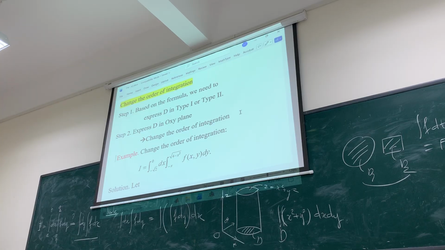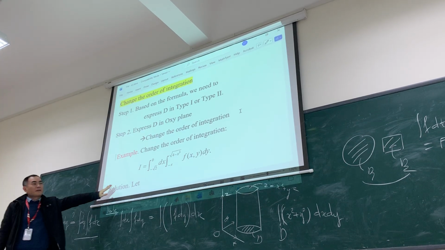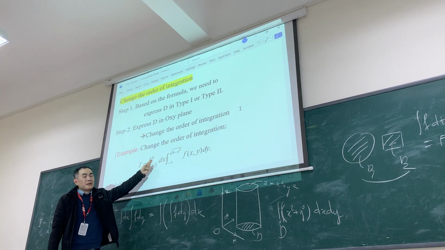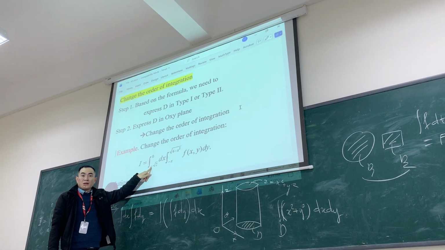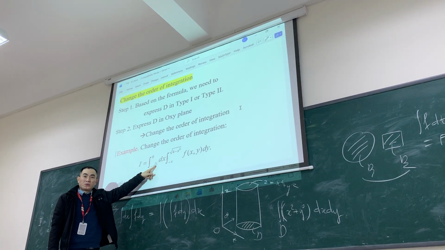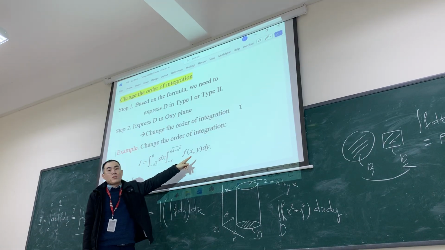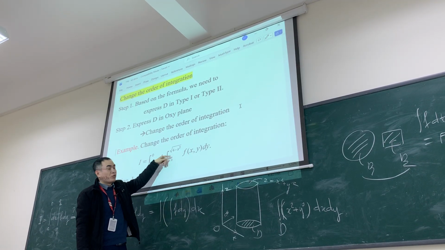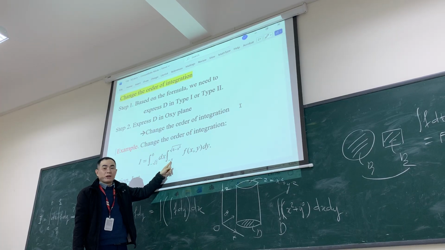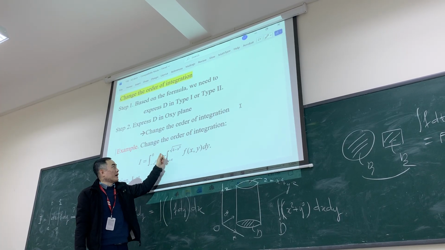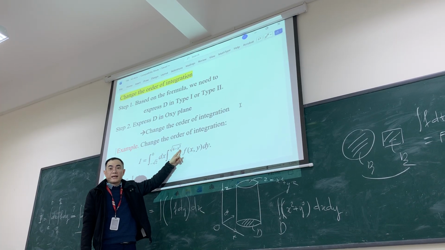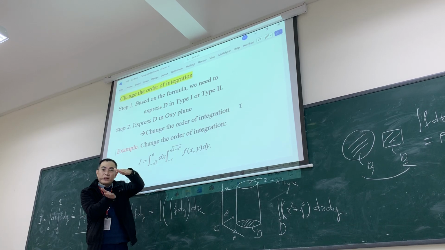Now, from this formula, I think you can see the limit of x is from negative square root 2 to 0. The limit of y is between two functions: y equals minus x, and y equals square root of 4 minus x squared.